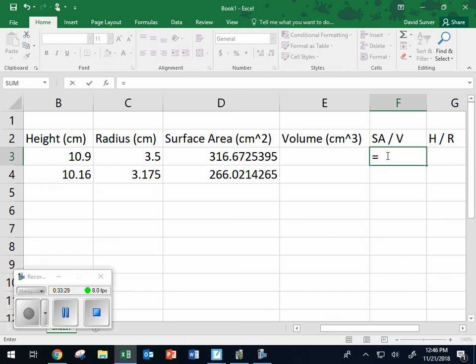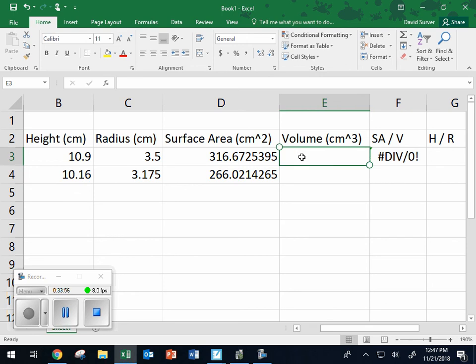So all you need to do is press the equals button, touch surface area, divide it, and then press wherever your volume is, and then if you press enter, there you go. Calculation done. Right now, mine shows an error because it's dividing by 0, because I have no number in my volume column. But if I put 1,000 in there, it'll create a value.